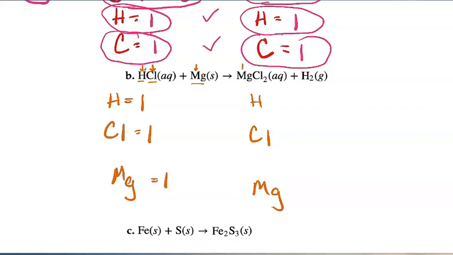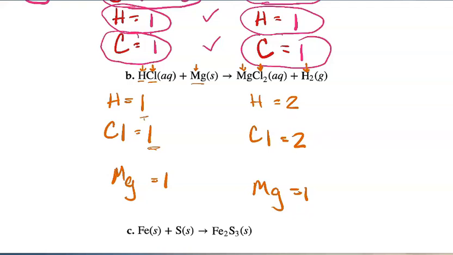Do the same thing over here. Magnesium, I have one. Chlorine, I have two. Hydrogen, I have two. Now I look and my chlorine isn't balanced and my hydrogen is not balanced. So I need to decide what to do. Well, I want to bring these ones up to twos.